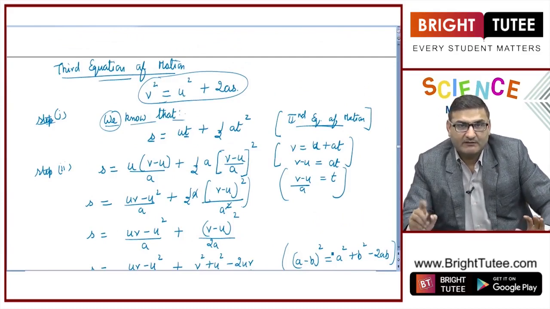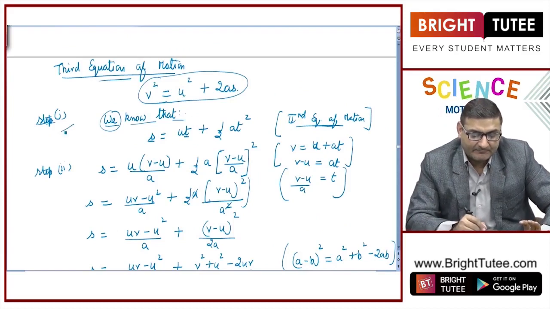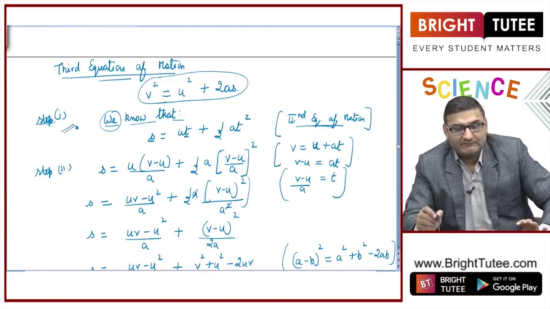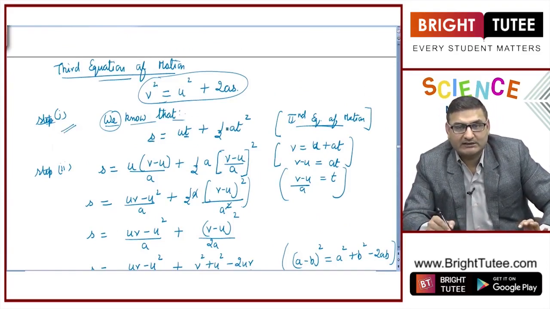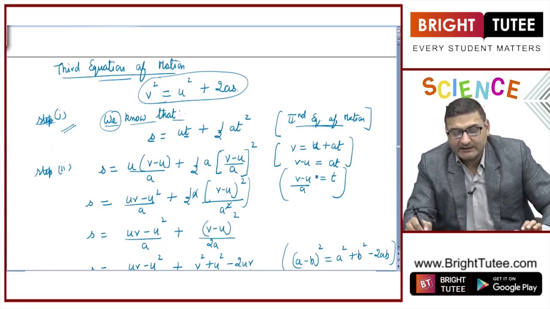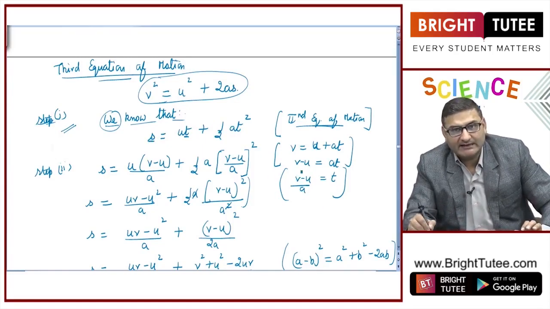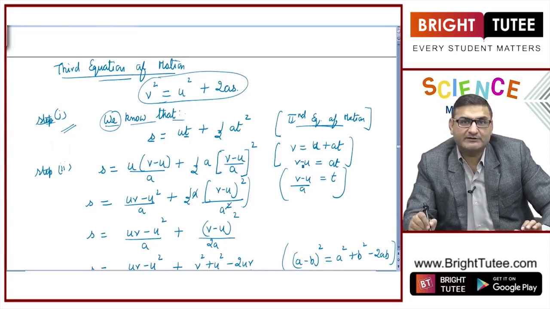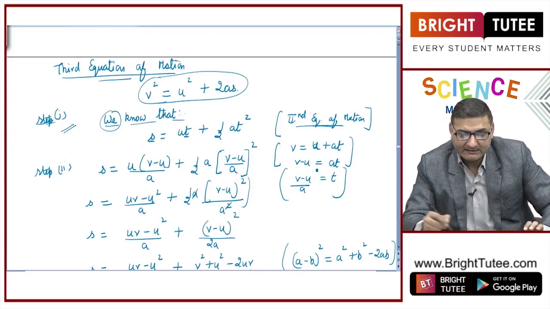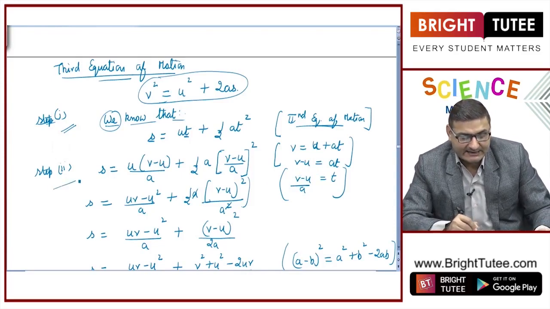First step, from where to start? We will be starting with the second equation of motion, that is s is equal to ut plus half at square. Second step, I will just replace t with (v minus u) upon a, and I get it from the first equation of motion.